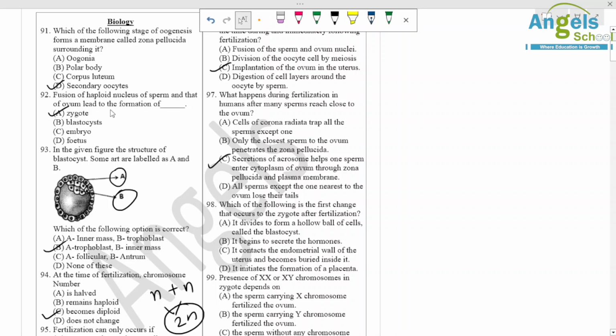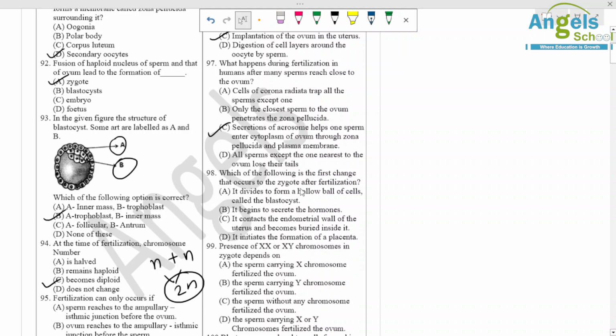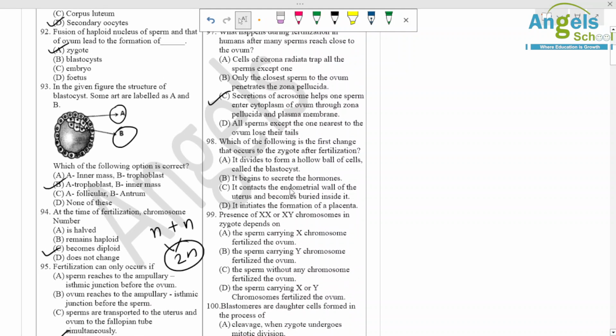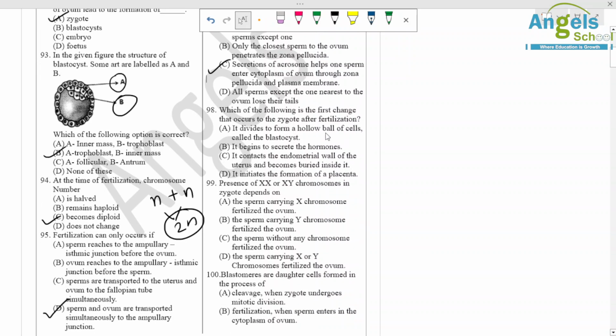Now, acrosomal activities occur and only one sperm cell is able to penetrate into an ovum. Question number 98. Which of the following is the first change that occurs to the zygote after fertilization? After fertilization, the zygote divides to form morula and blastocyst, a hollow ball of cells called blastocyst.